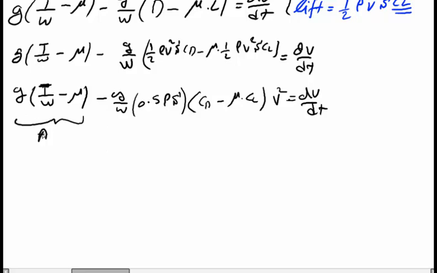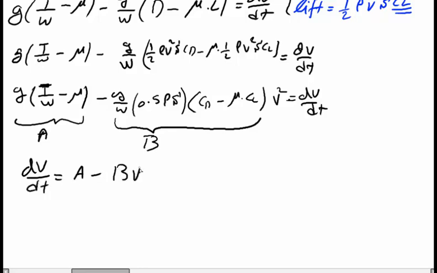This is a, and this part here is another coefficient. All these are coefficients, because we are talking about sea level. The aircraft is at sea level here, so rho we took as the density of the air at sea level for that specific area, and all of these are constants, so we take it as b. So we have dV/dt equal to a minus b V square.